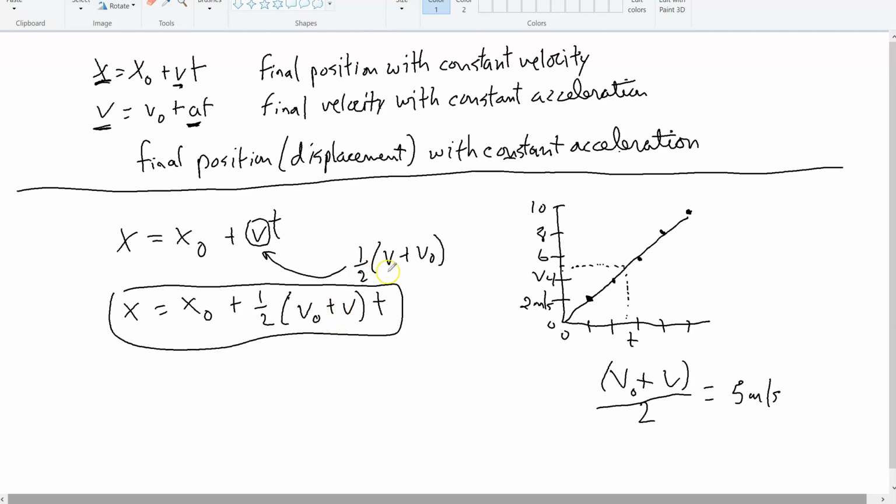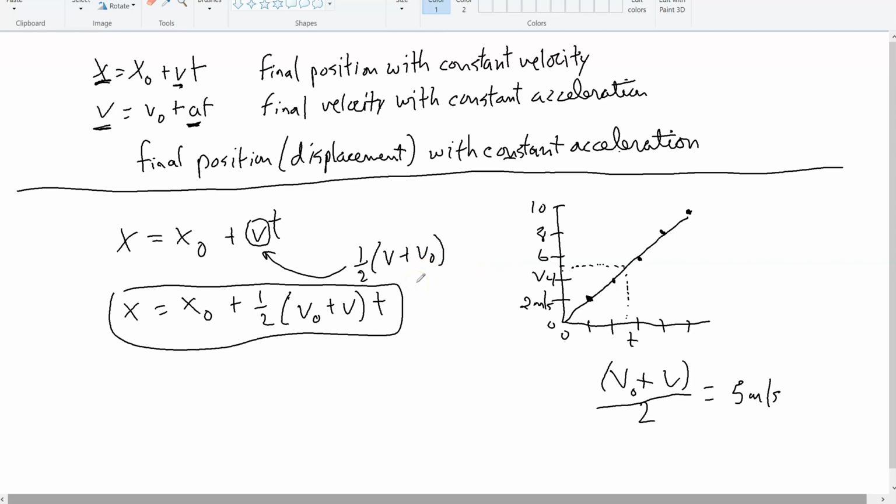Okay, so once again, all I'm really doing here is saying that I can pretend that accelerating at a constant rate is just like going at a constant velocity if that constant velocity is the average velocity.